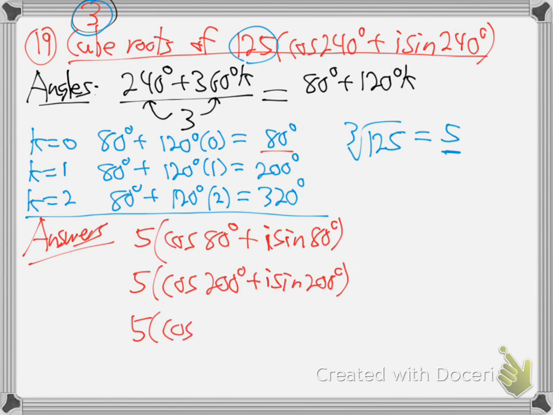And then 5 cosine 320 plus i sine 320. There we are. Those are the 3 different cube roots. If you took any of those to the 3rd power, the angles would all go back to 240, the second 2 with extra rotations. Good to there? All right.